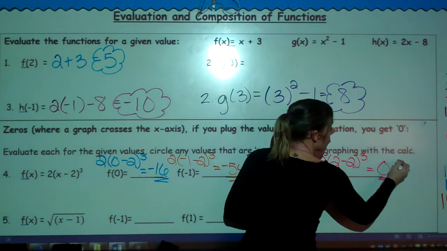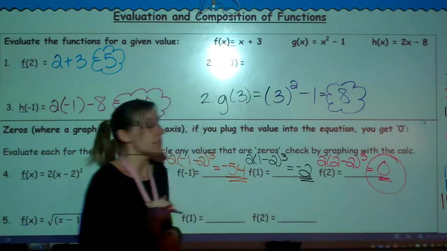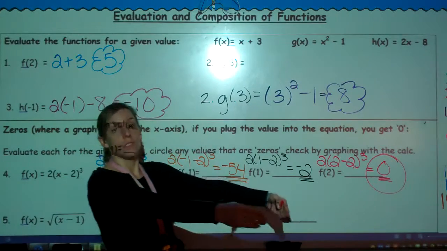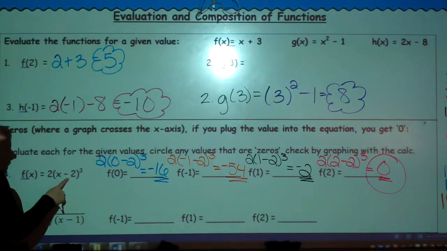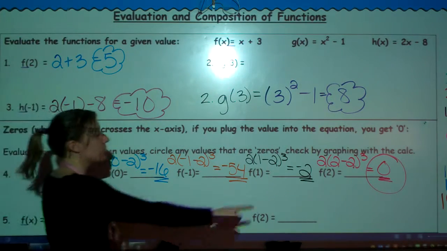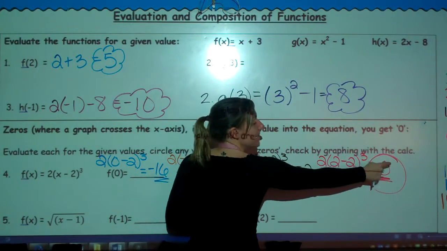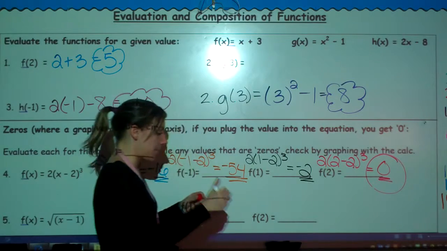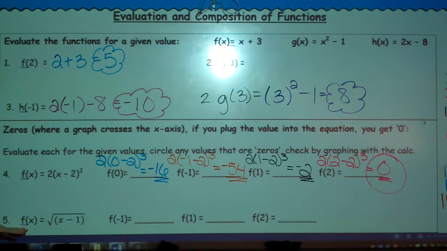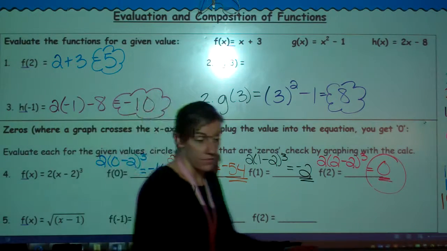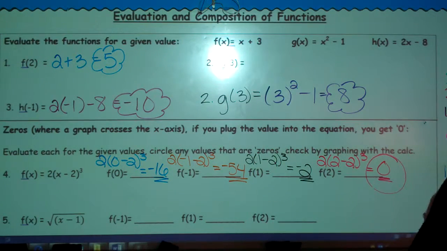So this one is a 0 because we got out a 0. It would actually cross the x-axis at the value 2 because it is a 0. We got 0. Okay? So that does relate a little bit to our polynomials. So then this is the same idea. I'll go ahead and I'll do the work above so that we can see it.